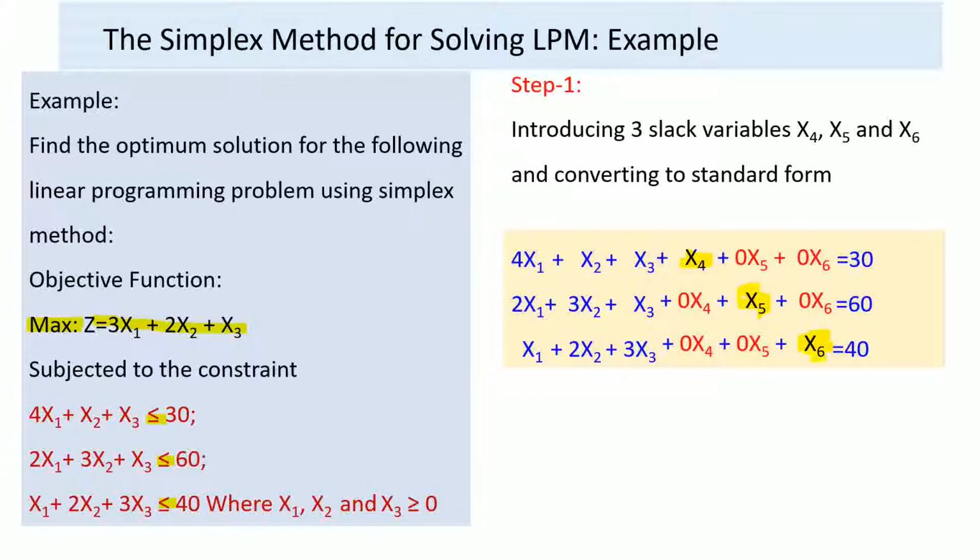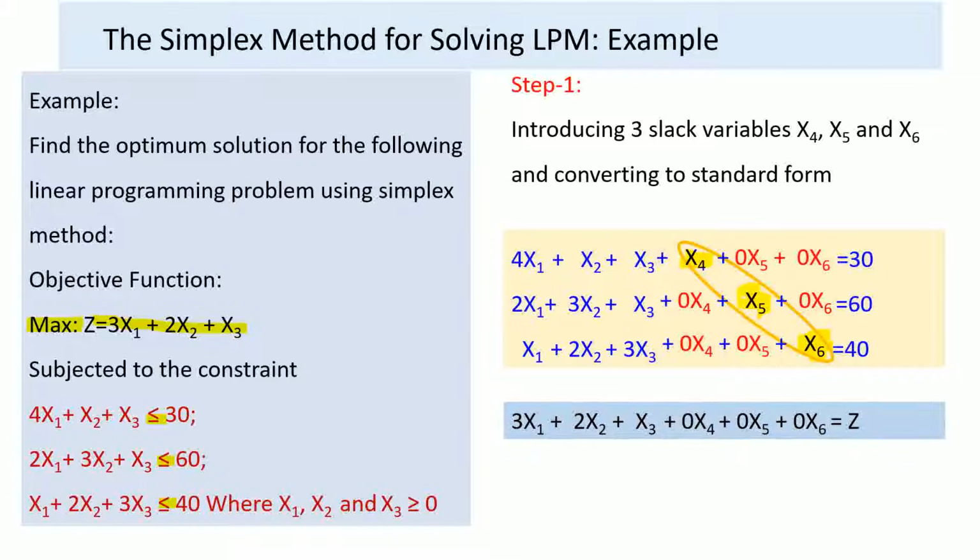And as you see, this is the standard form of the constraints, converted into equality. Our corresponding slack variables are x4, x5, and x6 for each constraint.